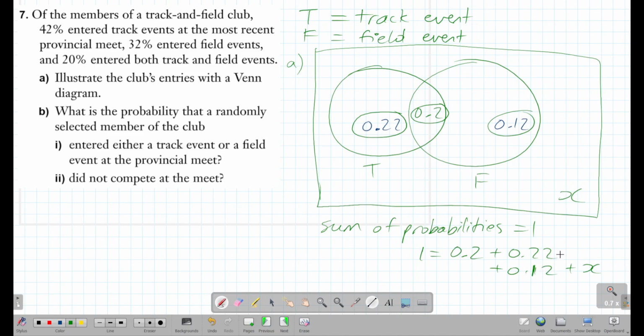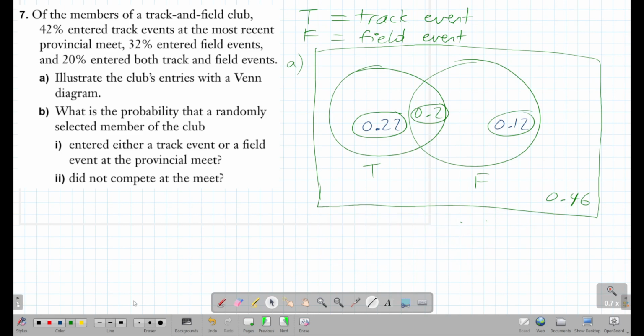If you solve for x, you're going to find that x is 0.46. That's what's outside. Usually you don't have to do this, but we're going to need that for part B. So I'm going to put 0.46 here.